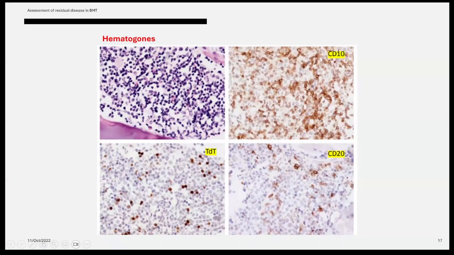But with the rest of the markers, the majority of these cells are CD10 positive, indicating they are precursor, immature cells. But when you subject to TdT, TdT is lesser than CD10, and TdT is slightly more than or equal to CD20.